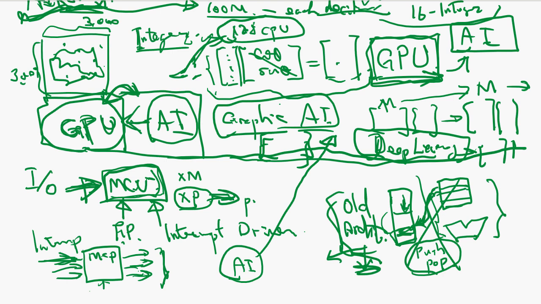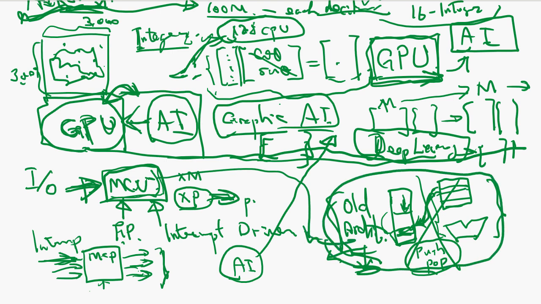The MCU is much harder. This old architecture, every CPU uses this method of interrupt, and this is kind of the standard way, and nobody bothered to improve this architecture, but this can definitely be a new area to work on.